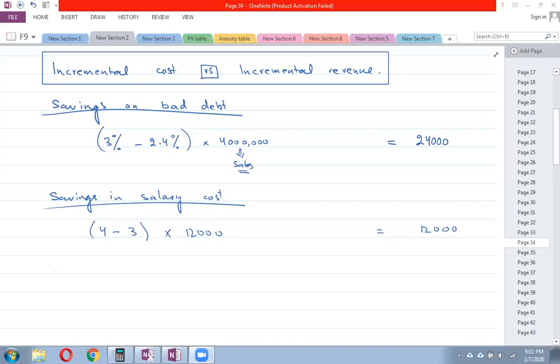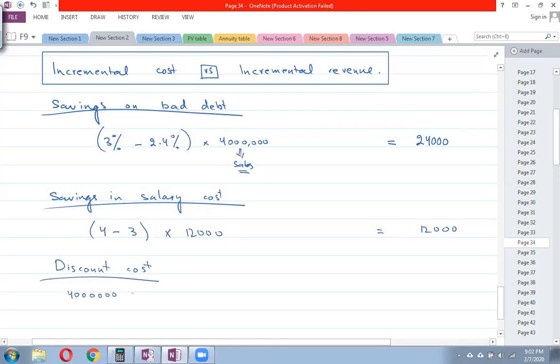And then the discount cost. Well, of course, there wasn't any discount cost before. So the discount cost calculation will be only now. So it will be exactly the same. 4 million multiplied by, I guess it was 1% discount if I'm not wrong. Yes. And only 2/3 of the employees were taking the discount.